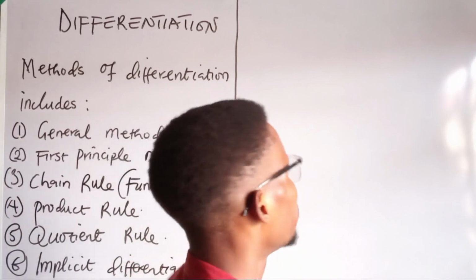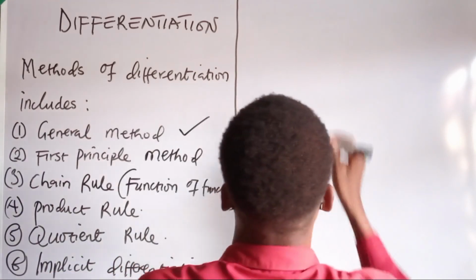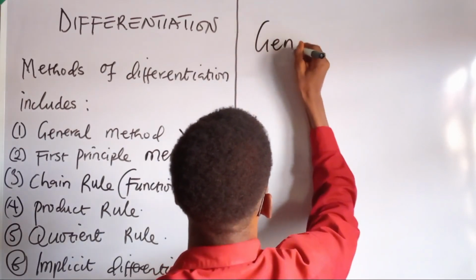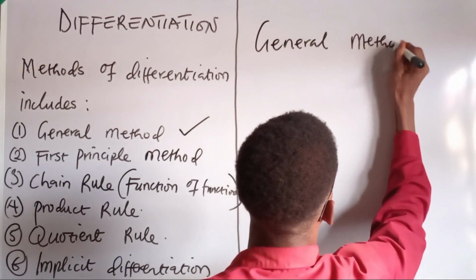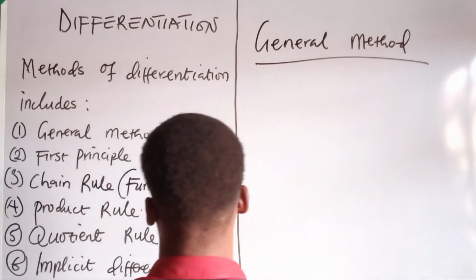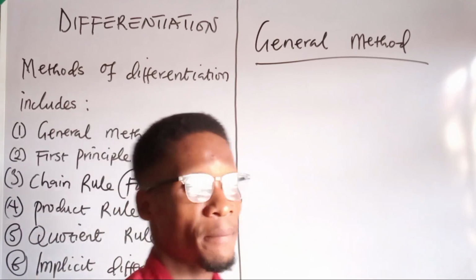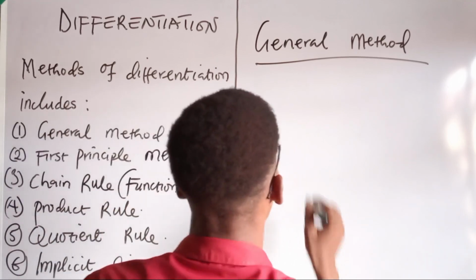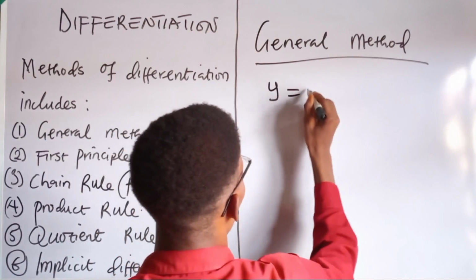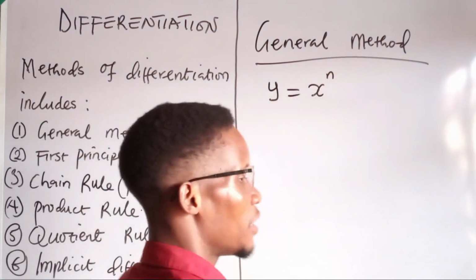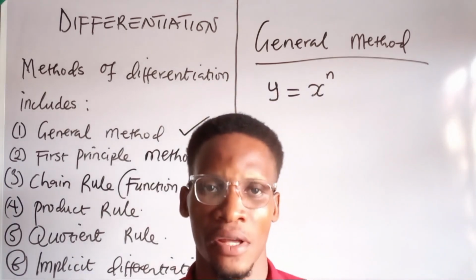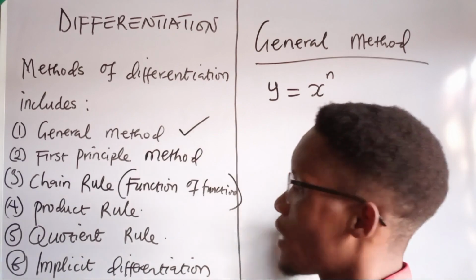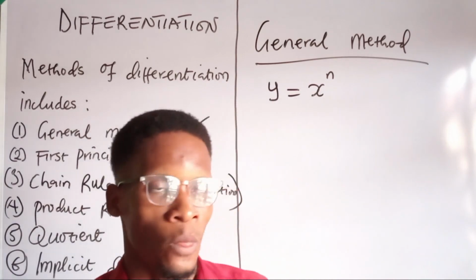So the general method of differentiation is a method whereby we have y equals x raised to power n. This is the formula that we apply in the general method. You can use this to solve and you get your answer.